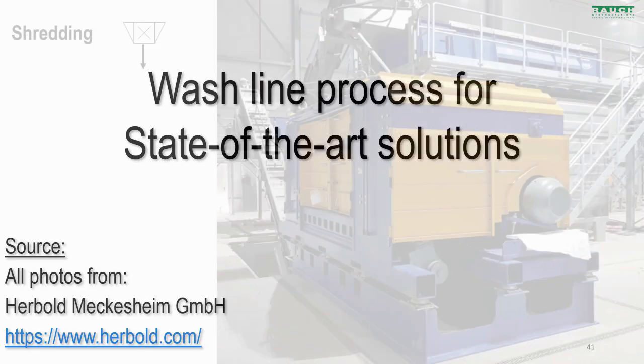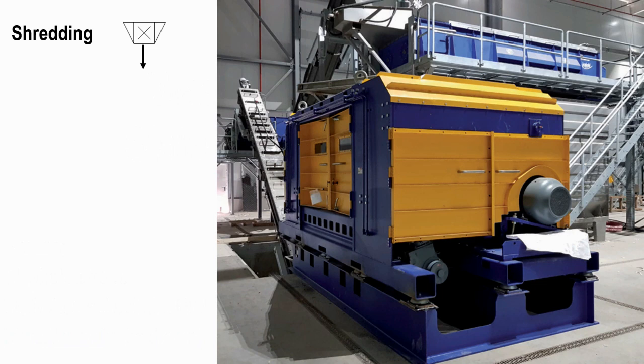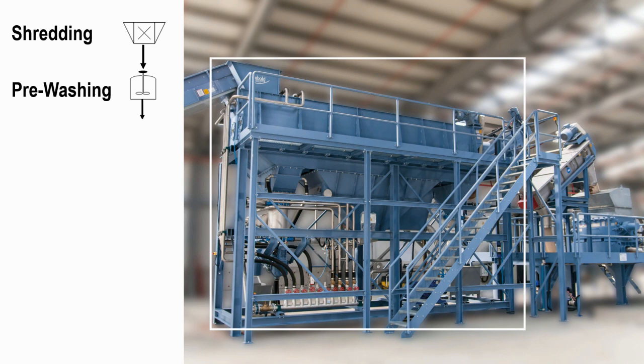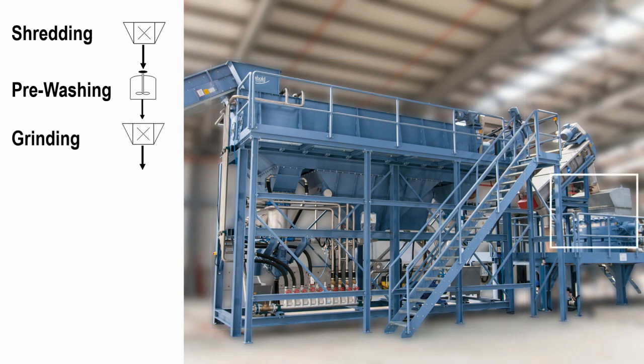First of all, we have a shredder that makes all the bottles, all the big films into small pieces. We have a pre-washing. It's, for example, a screw that is just mixing up the plastic pieces with the water. Then you have a grinder. Afterwards, it's in the same photo, the machine behind.